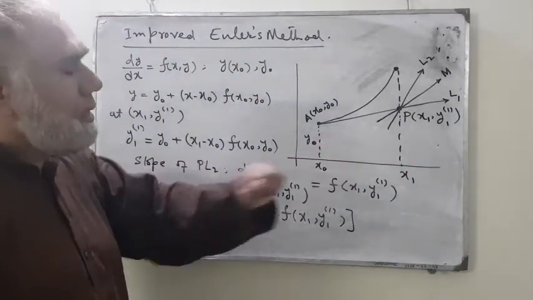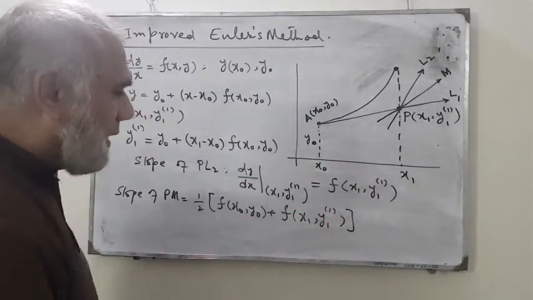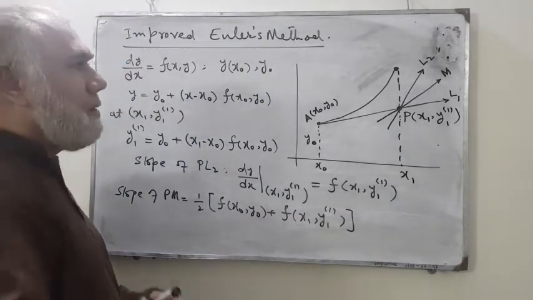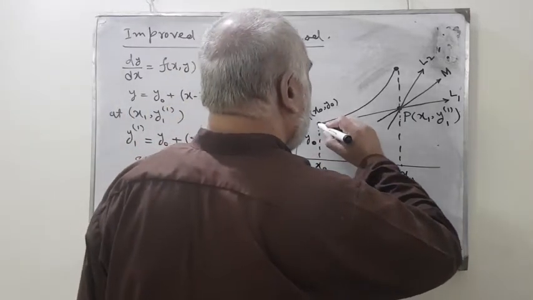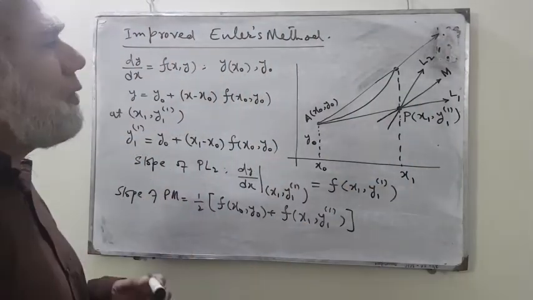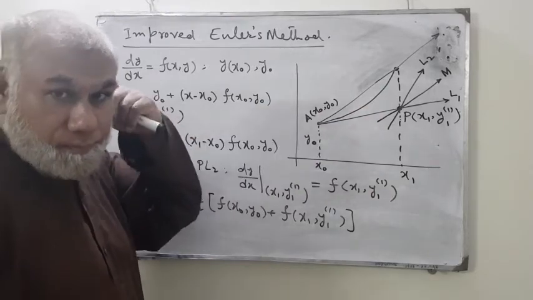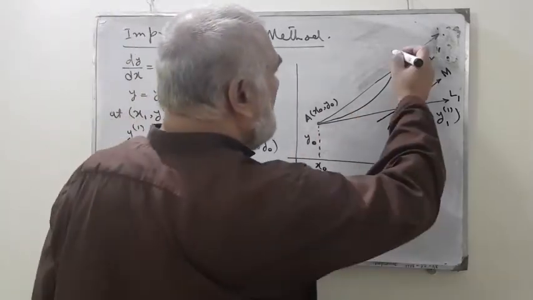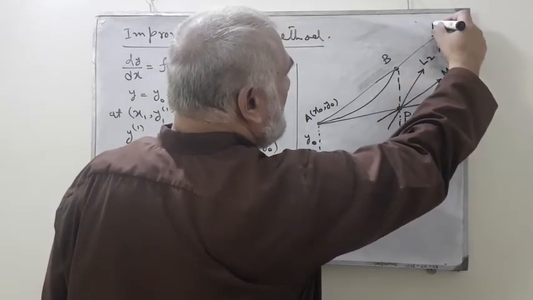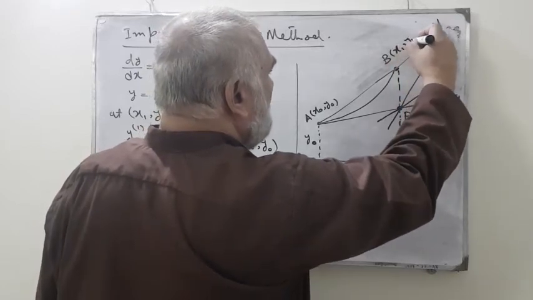Now, before going in some other direction, we can use this slope in order to construct another line. We are now going to draw another line through the point A, and this is the line which we assume is parallel to PM, and this point we can label B, with coordinates x1, y1.